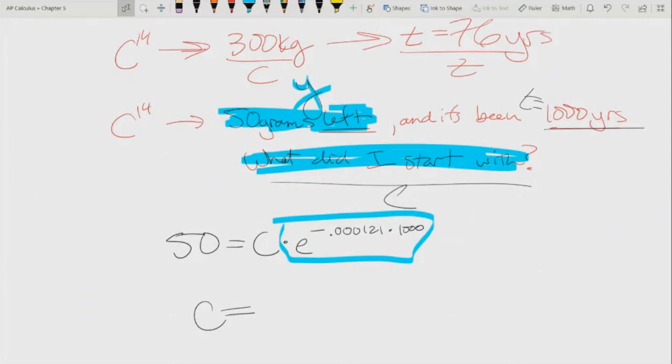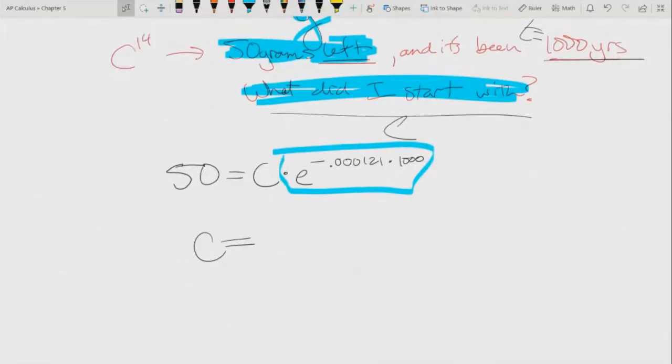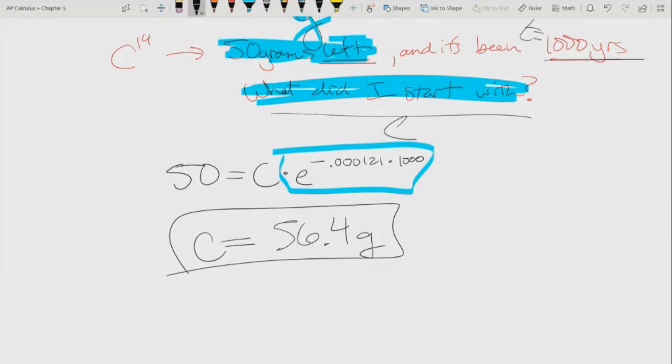What I currently have shouldn't be very much smaller than what I originally started with. I got 56, let's just say 4 grams would have been what you'd initially started with. Something around there, okay? So you kind of get the idea and approach on these.